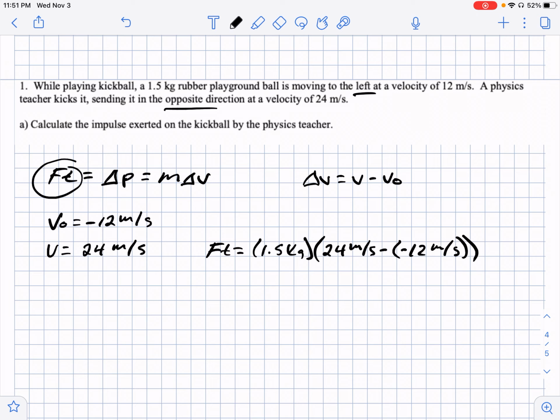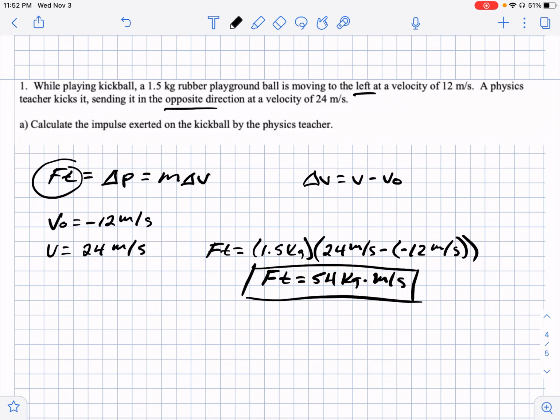So 24 minus a negative, we would end up adding those, right? So it'd be 36 meters per second times 1.5 kilograms. So your impulse is just going to equal 54 kilograms times meters per second. We could also say newtons times seconds right there. Either one would work as far as our unit.